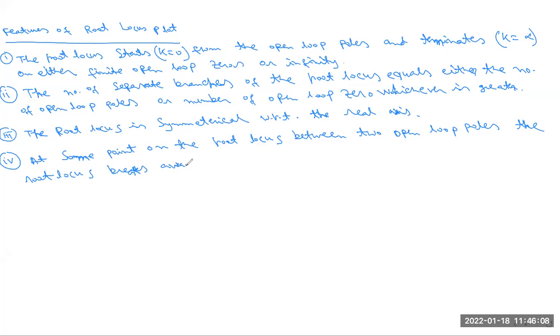This is another point, and we will come to it in the next classes also. This is the breakaway point. It is basically one point on the root locus, between two open loop poles. It is a break-even point. Okay.